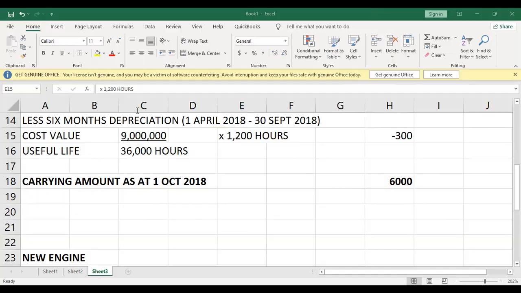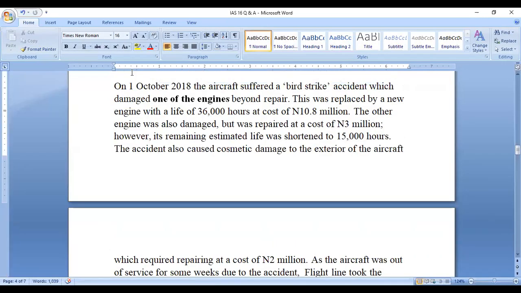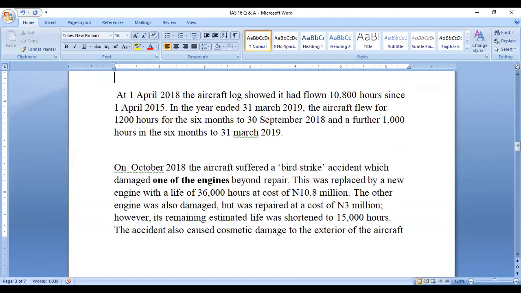Accident took place in October. So the 1,200 hours was in the year ended 31st March 2019, the aircraft flew for 1,200 hours for 6 months to September 2018.